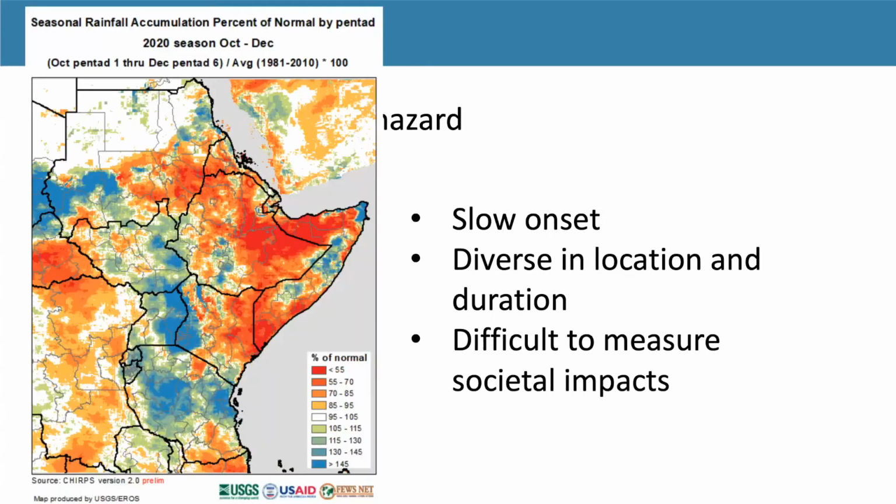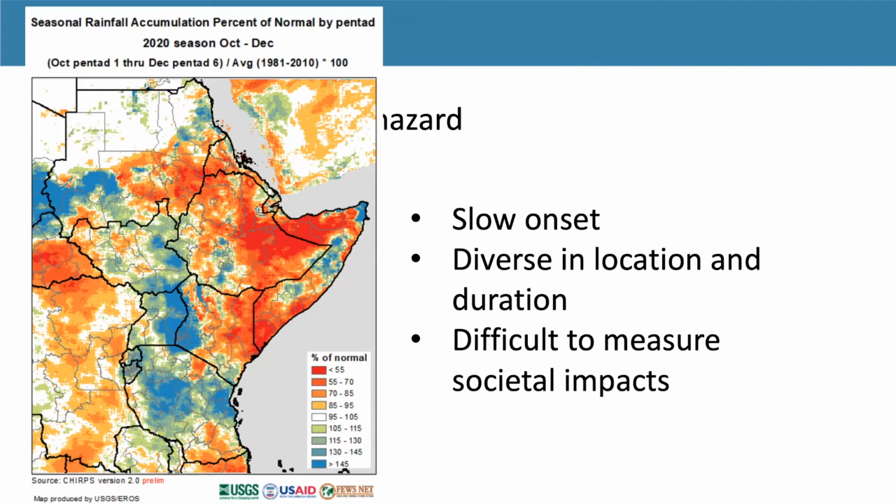Some examples of a drought assessment is this. This is the rainfall data which is satellite derived, and it is from this October through December season, a 3-month period, and it's measured as the percent of normal of 1981 to 2010.